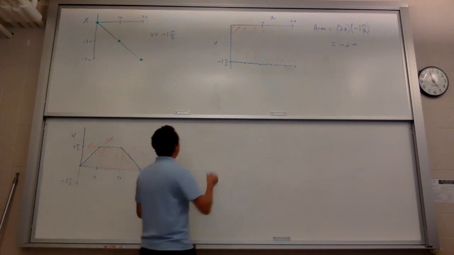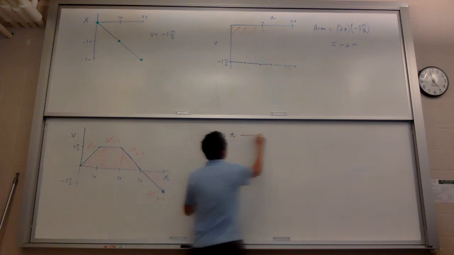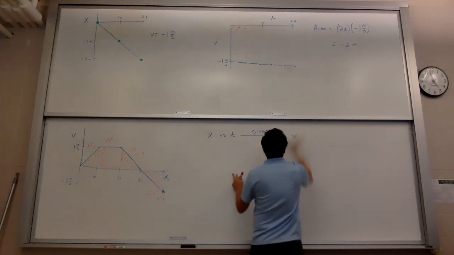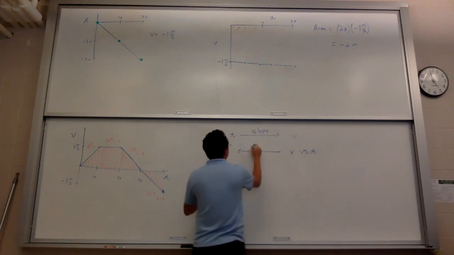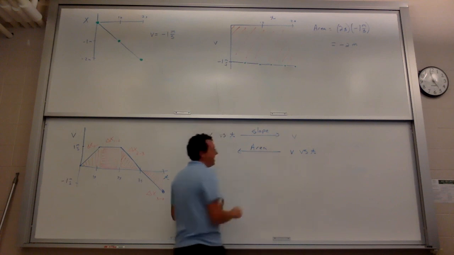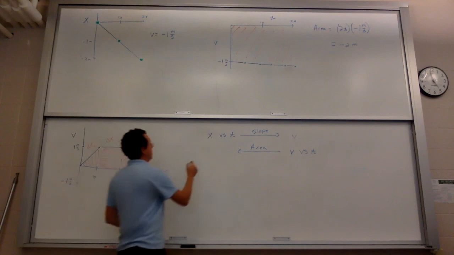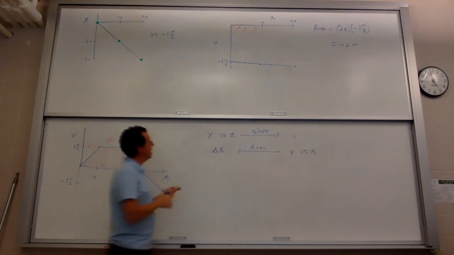So in the last video, I made the following kind of table where I said x versus t. And to go this way, we use the slope, and that gives us velocity. Now, over here, we're going to have velocity versus t, and we can go this way using the area, and it doesn't quite give us x, it gives us delta x, the change in position.